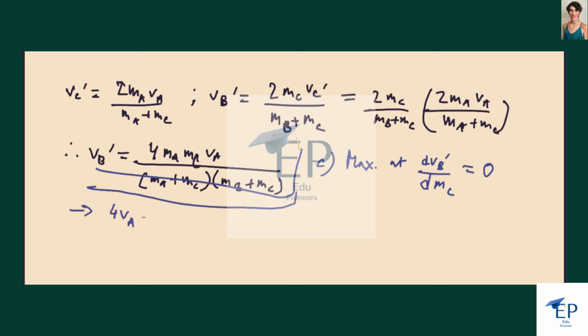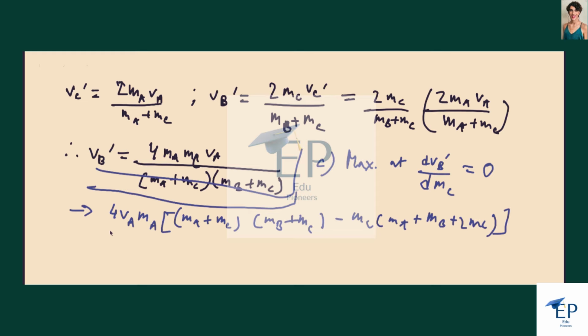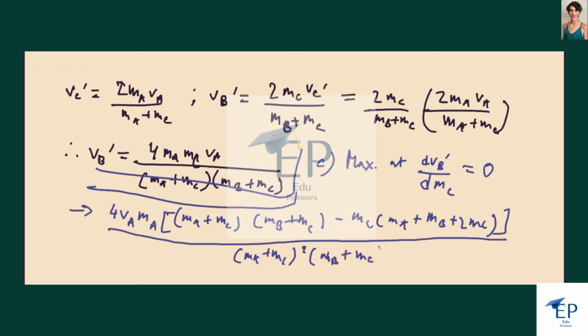I'm just going to write it down: 4VA MA times MA plus MC times MB plus MC minus MC times MA plus MB plus 2MC, over MA plus MC quantity squared times MB plus MC quantity squared.